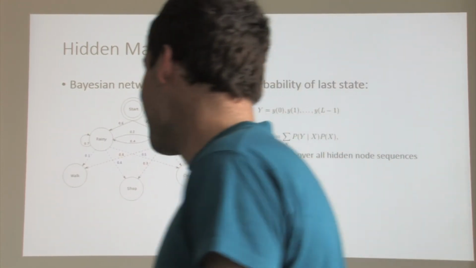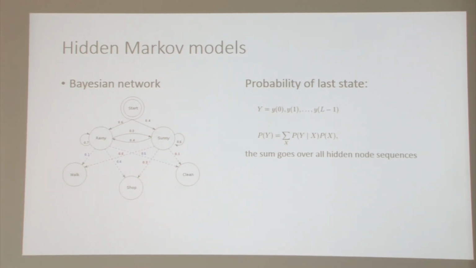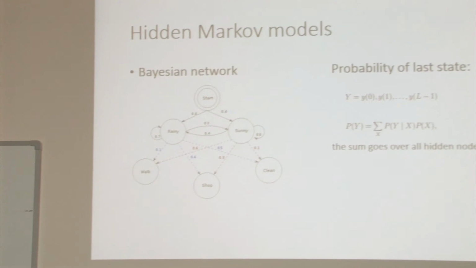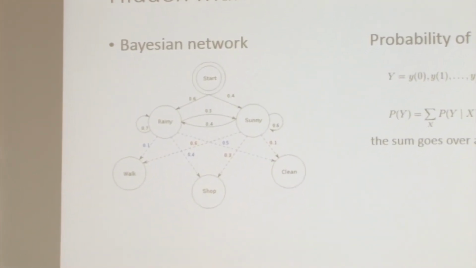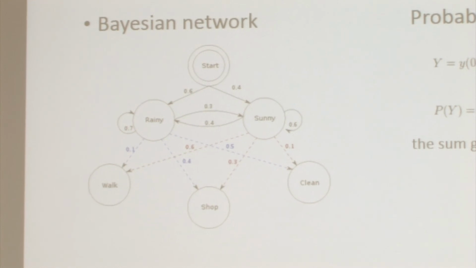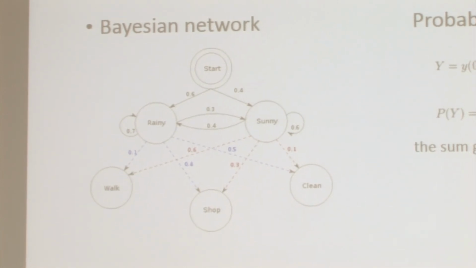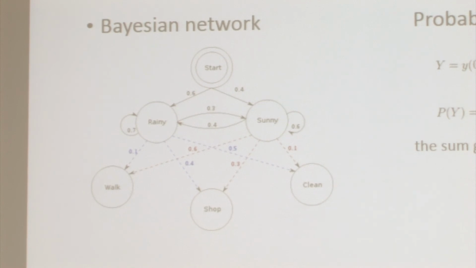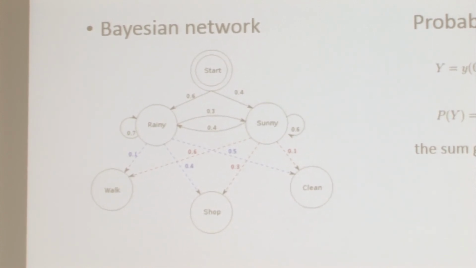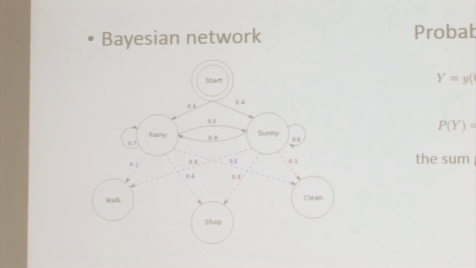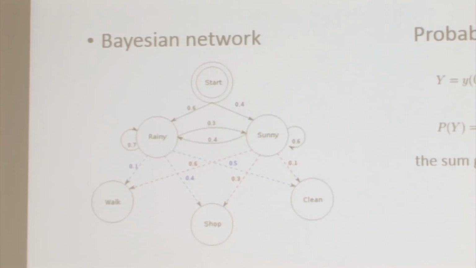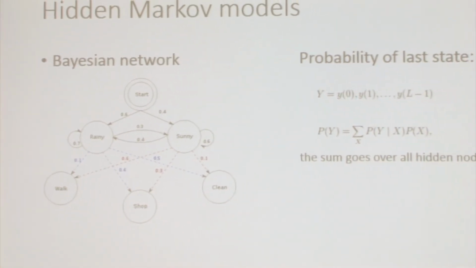There is a really nice Bayesian network based on Markov chains. We have these outputs, log, shock, and clean, and we had a good presentation on that. I won't go into the details, but let's say that it is rainy and the next measurement is fog, and we have to calculate the probability of the measurement. Here it is more complex because we have to sum over all the ways we could get there from the start.